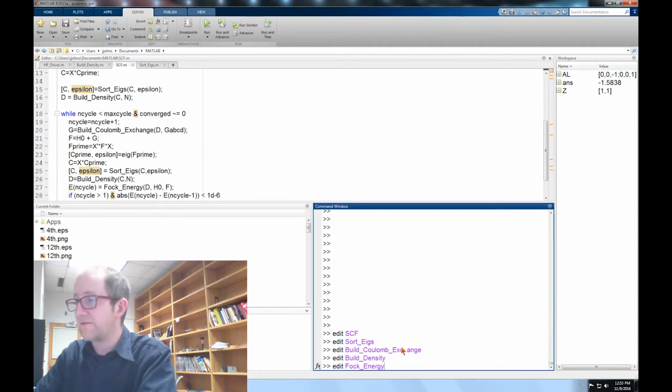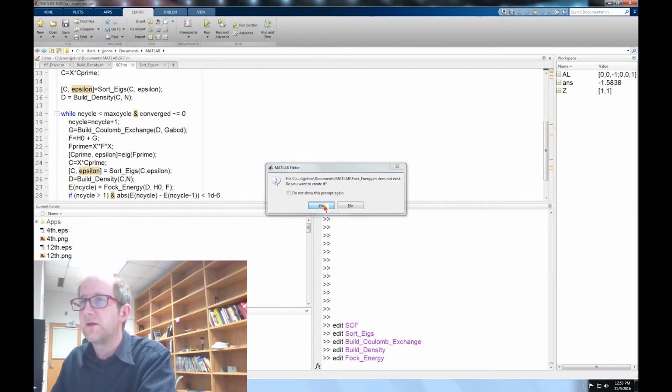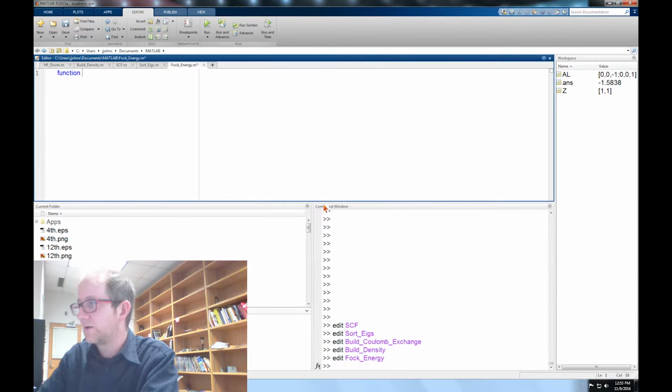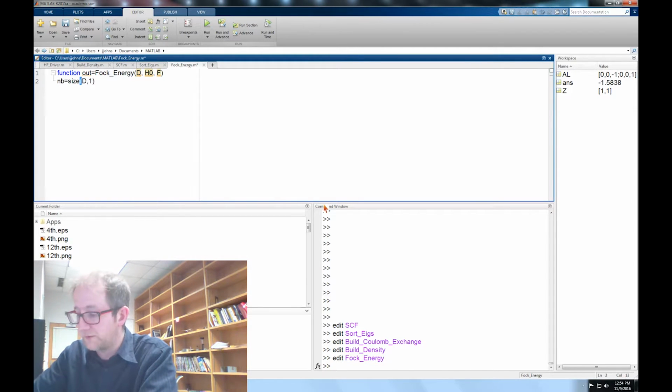And then finally we have the Fock energy. Edit Fock energy. Right? And that's going to take, function Fock. Out equal Fock energy. D, our density matrix, our one electron Hamiltonian, and our Fock operator. Size D. Great. We're going to start our energy equal to 0.